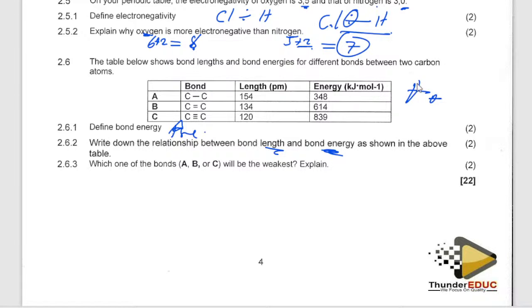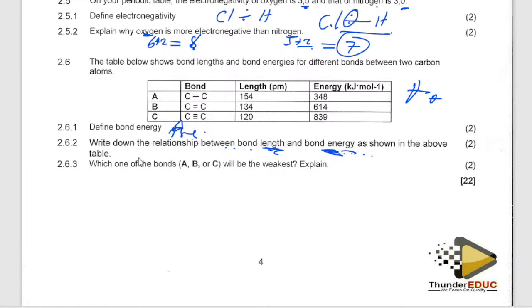This means that the longer the bond, the weaker it is, and the shorter the bond, the stronger it is. So when the bonds are long, the energy is going to be less. And when the bonds are short, the energy is going to be more, meaning it has a higher bond energy. Is it clear?